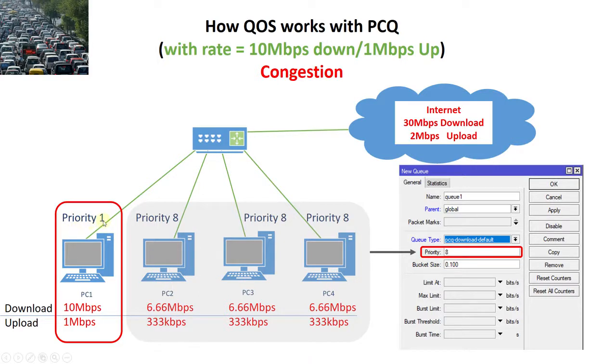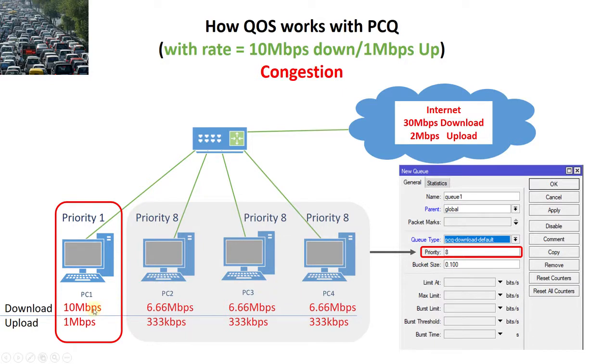Because the first computer has priority 1, this computer is guaranteed all the bandwidth based on the rate that is set, which is the 10 megabits. So this computer will be able to get its full 10 megabits down and 1 up, while the other computers will get the remaining.